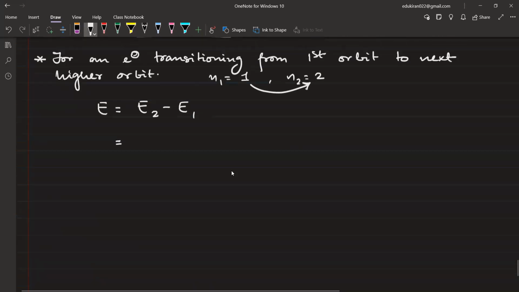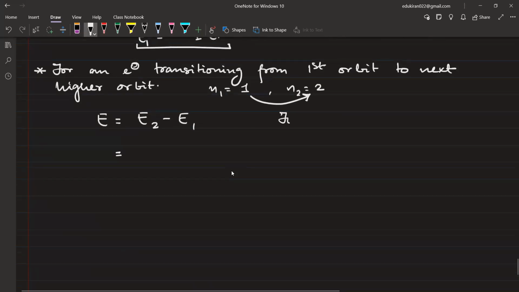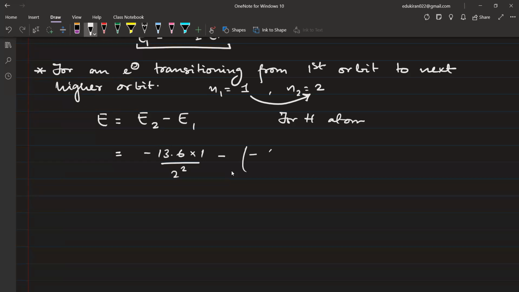Let us suppose for hydrogen atom, it will be minus 13.6 into Z equal to 1 divided by 2 square, n का square था, minus of 13.6 into 1 divided by 1 का square.